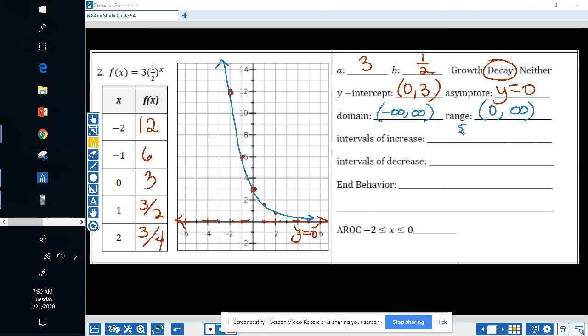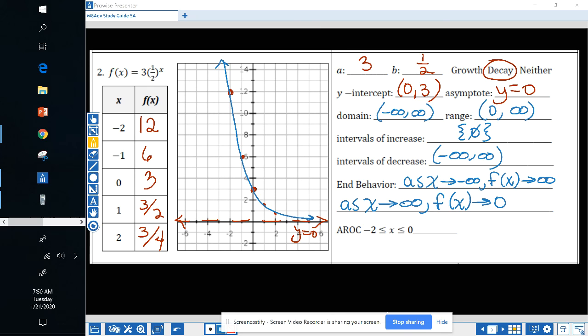Intervals of increase, there are no x values that cause this to increase, and any x value will cause it to decrease. In behavior, this time as x approaches -infinity, my f of x goes up. As we go to the right of the graph, toward positive infinity, the end behavior approaches 0.